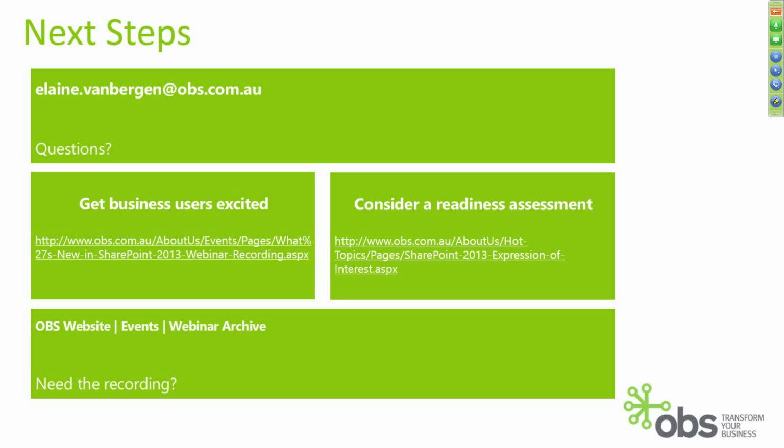But if you have any trouble finding it, feel free to shoot me an email and I can send it across to you. What that does is ensure you've got the right version of the WSP that was installed. They will be listed in Central Admin, as you noticed, but you may not have the right copy of the WSP available to install. So getting them out of the config database, just make sure you've got the final version.